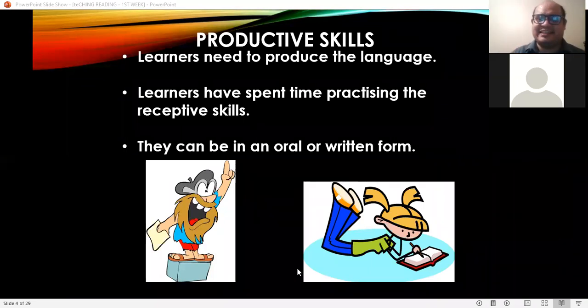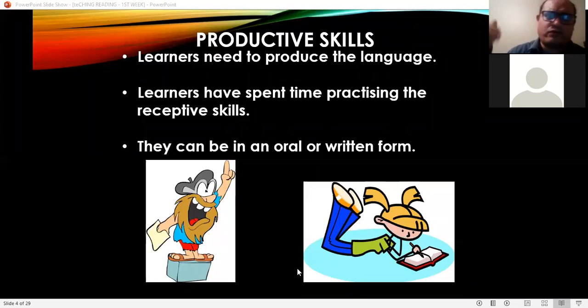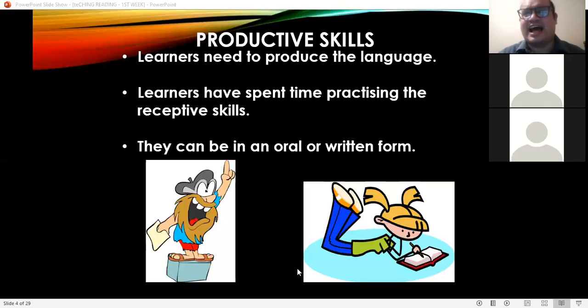Yes, that's it. Receptive skills. And writing and speaking, you have here on the slide? Productive. Yes, the productive skills. Listening and reading are related to the input, and speaking and writing are related to the output of the language. All right, so don't forget these terms: the input, the output, and the receptive and productive skills.